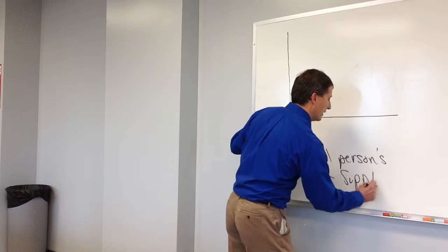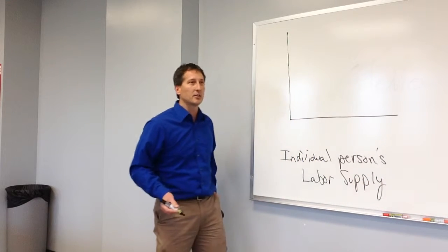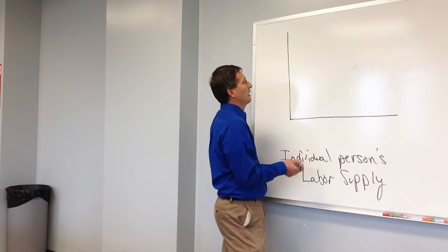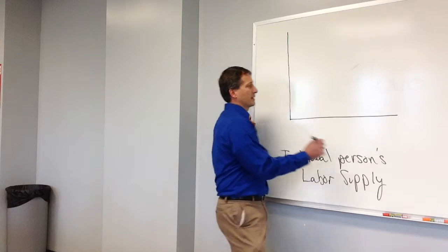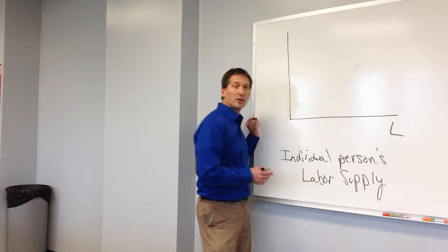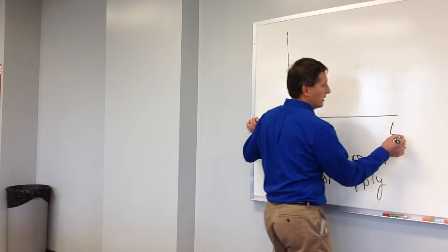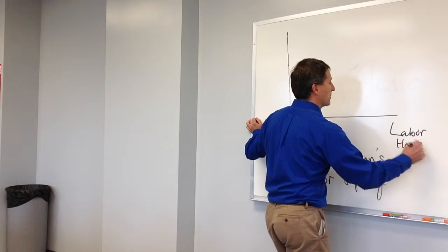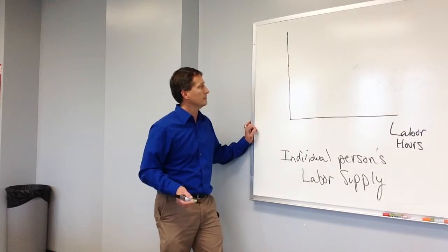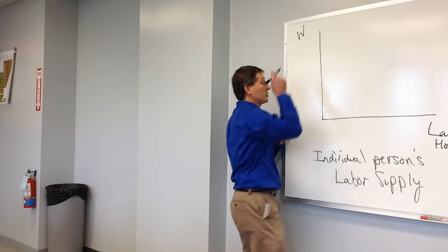We've done quite a few supply and demand curves so far, and we got that upward sloping look. We're going to measure labor hours here. So we've got the L, I'll just go ahead and put labor hours. And then we've got the wage.